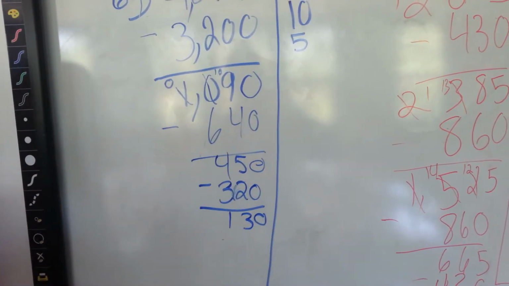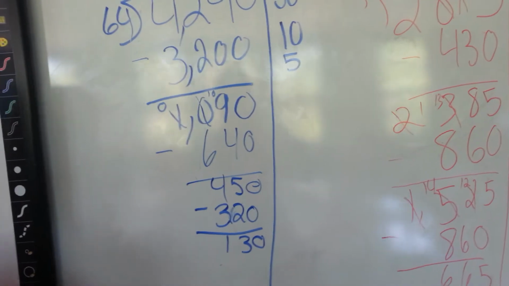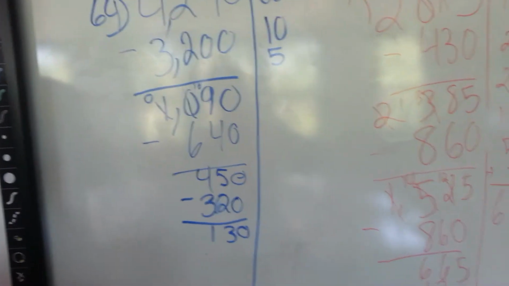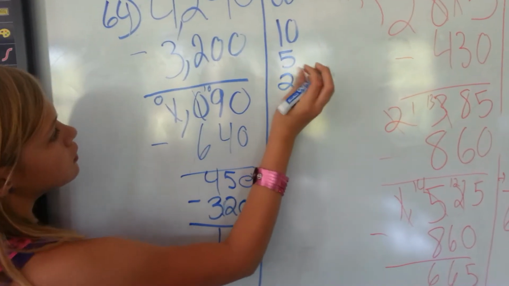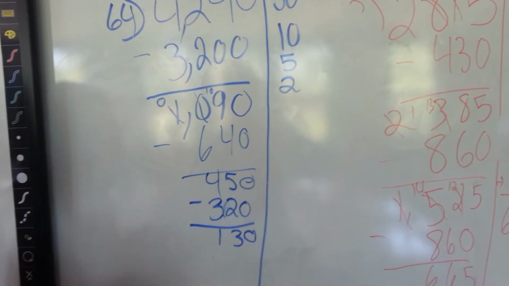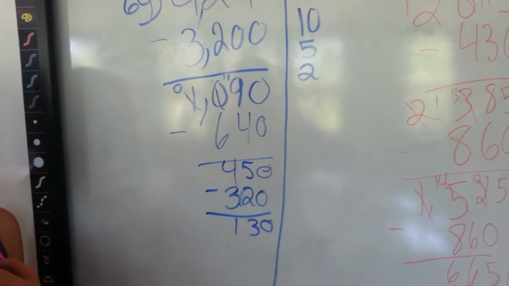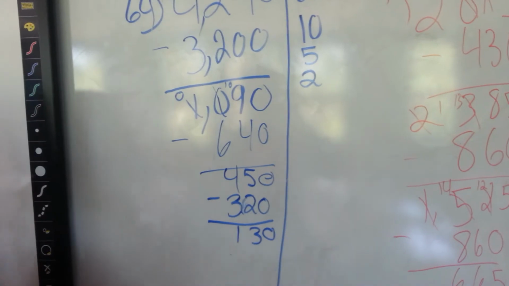130. Okay. Oh, this is a little bit complicated. How many times would 64 go into 130? Just take a kind of a guess. Twice. Yep. You put 2 over there. So 2 times 64 is what? Well, 6 times 2 is 12, so it's 120. And what's 2 times 4? 8.